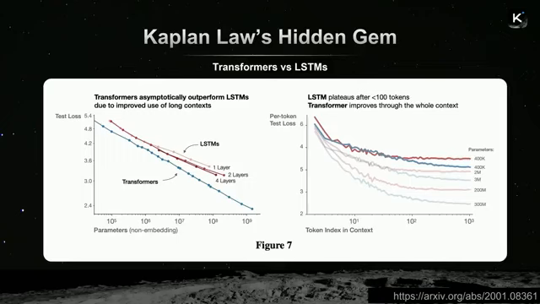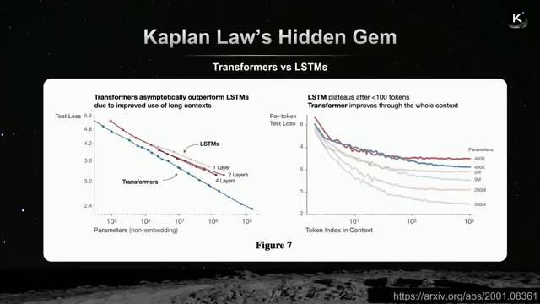And this is why transformers have become the de facto architecture that people are using right now. But on the right-hand side, it's really interesting to see that transformers are actually better because they can improve through the whole context. The x-axis is the token index in context, and if you increase the token index, you can see that the training loss of transformers actually dropped by a lot.